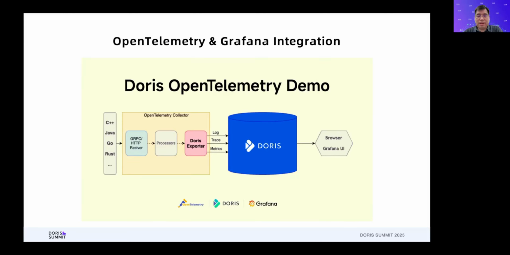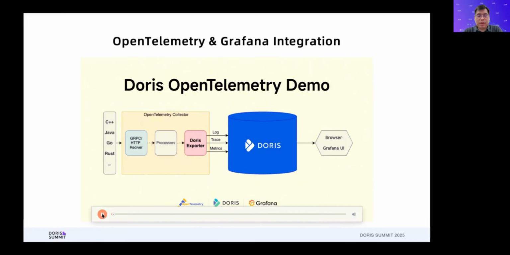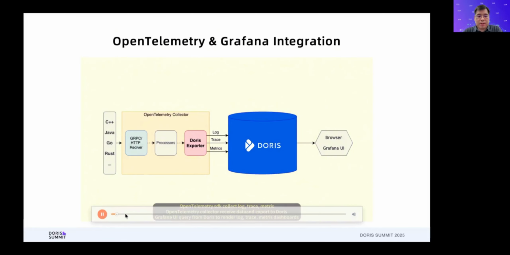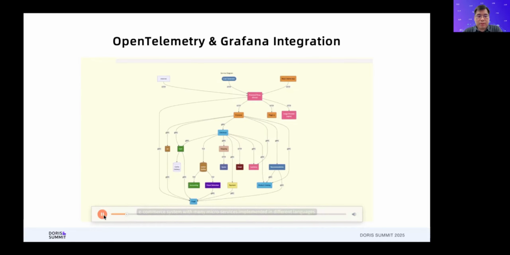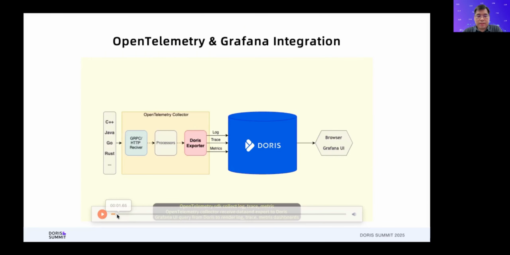Here is a demonstration. This is the OpenTelemetry official demo. It observes a complex e-commerce system, which is written in different languages. The OpenTelemetry SDK for each language collects the telemetry data and sends it to the OpenTelemetry collector.